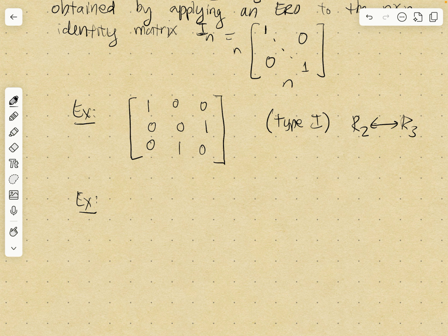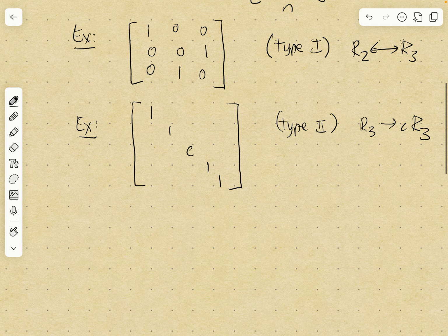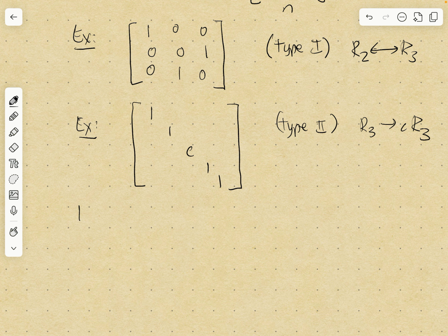And then you can take something like a 5 by 5 identity matrix, and if you take row 3, say, and scale that by c, so that would be row 3 goes to c times row 3, then you get this matrix, so that's a 5 by 5 elementary matrix.